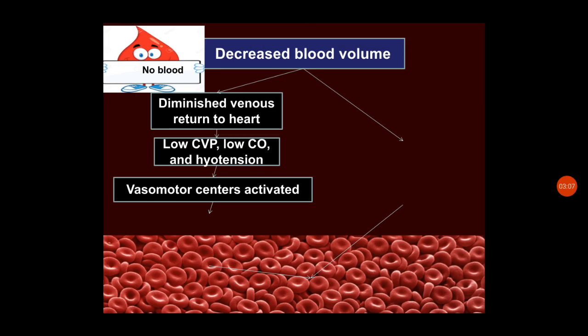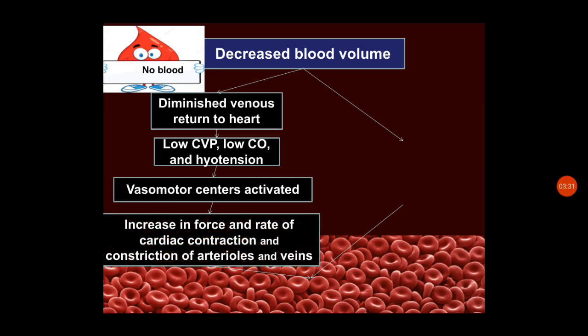As a result of that, the intravascular control mechanism, the vasomotor centers, will be activated. In different parts of the vessels there are vasomotor centers which are activated when there is alteration in the blood pressure and the force of blood. This will cause an increase in force and rate of cardiac contraction and constriction of arterioles and veins.